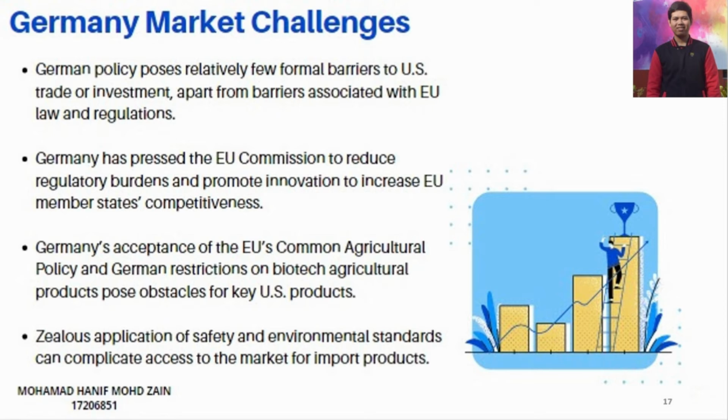Germany's acceptance of the EU Common Agricultural Policy and Germany's restrictions on biotech agriculture products pose obstacles for key US products. While not overtly discriminatory, government regulations by virtue of their complexity may offer a degree of protection to established local suppliers. Zealous application of safety and environmental standards can complicate access to the market for imported products.